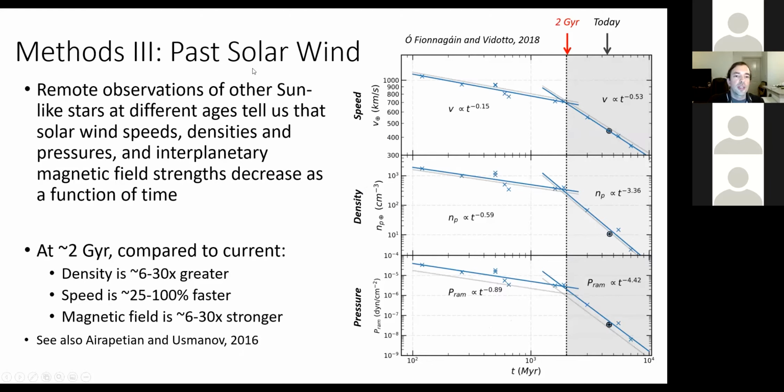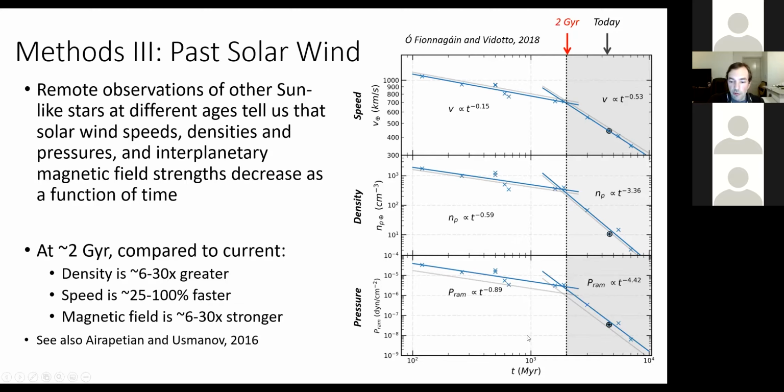And then the other question is, how strong was the solar wind? What was the density of the solar wind, its speed? What was the interplanetary magnetic field at the time that was frozen into the solar wind? There have been some studies of other stars around us at different ages, and people have estimated the solar wind speed, density, pressures, and the interplanetary magnetic field.